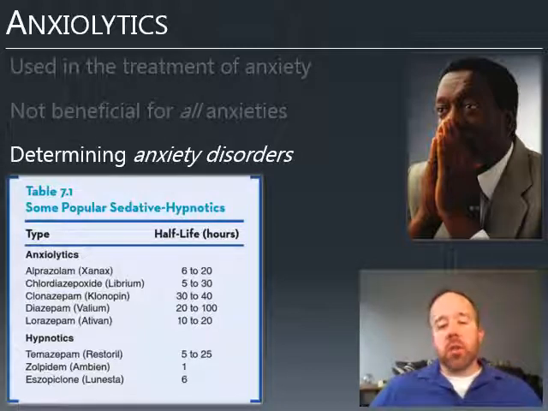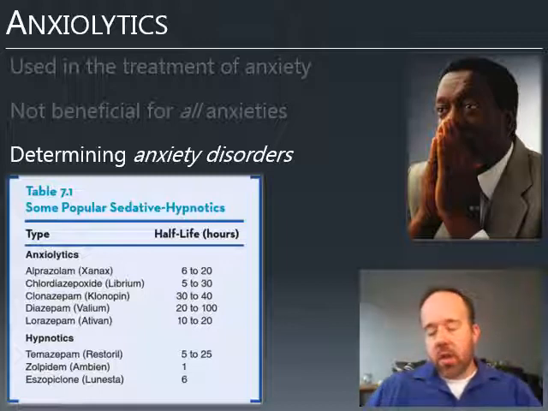One of the questions, of course, is how do we diagnose anxiety disorders? That's a whole area of psychology that's not really in the scope of this course. But one of the issues is whether someone should be allowed to take a depressant, particularly an anxiolytic, because of short-term stressors, or whether people with diagnosable anxiety disorders are the only legitimate users of these drugs.